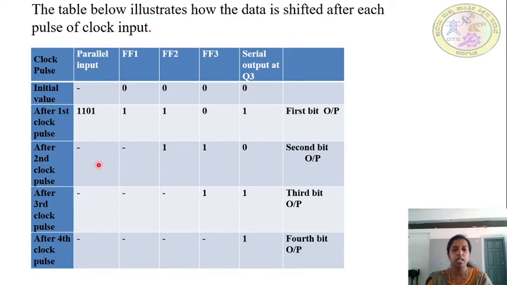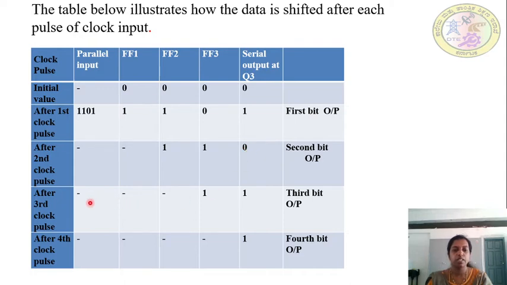After the second clock pulse, there is no bit to load on FF1. Hence, the previous bit of FF1 will be shifted to FF2, the previous data of FF2 will be shifted to FF3, and the previous data of FF3 will be shifted to Q3 of the last flip-flop.